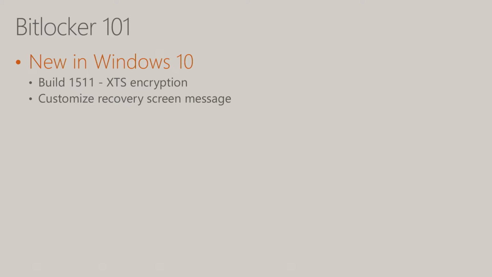Because all my Windows 7 was defaulted to 128 with Diffuser, and now I have a different encryption for Windows 8. In Windows 10, we decided we wanted to throw another thing at you, and now you have XTS encryption. Diffuser wasn't a true standard per se, so we were trying to take that away, and then we said, okay, now we've got another standard, so we kind of expanded it back.